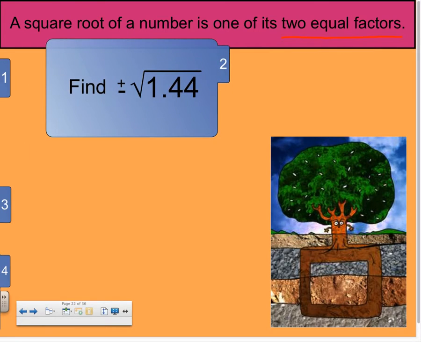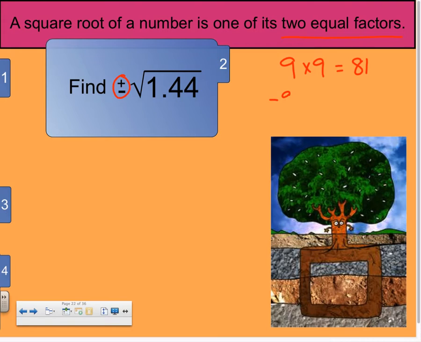Now here we have something slightly different. We have an interesting symbol in front of our radical sign. This simply means the positive and the negative square root. What do we mean by that? Let's go back to our example of 81. If I do 9 times 9, I get 81.